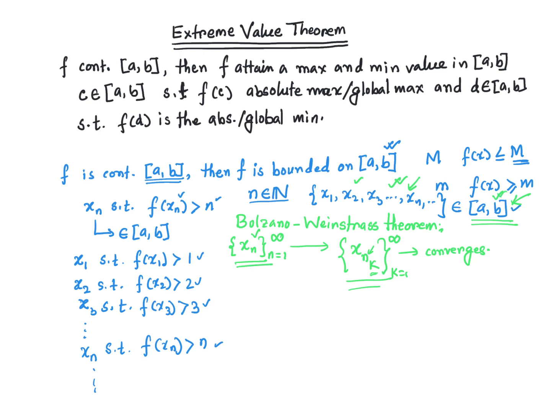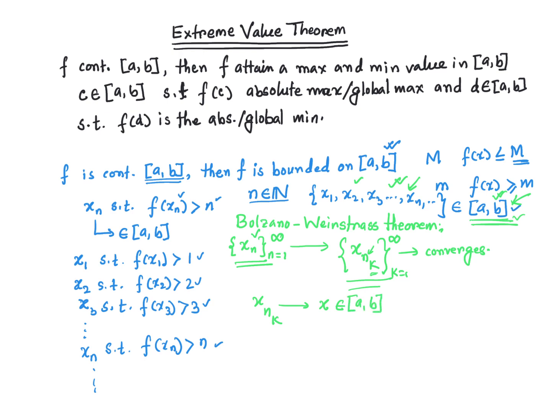So the subsequence must be coming from here, and this subsequence converges. But this is a closed set, (a, b), so it must converge to a point in (a, b). So let's say x sub n sub k converges to some point, call it x, which is an element of [a, b].